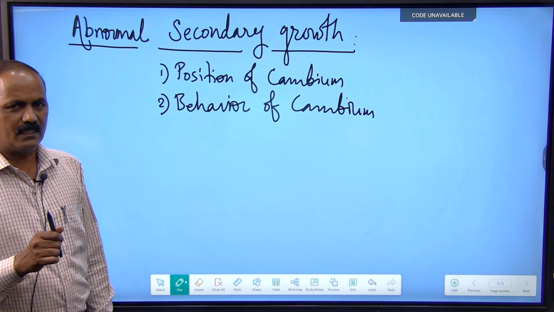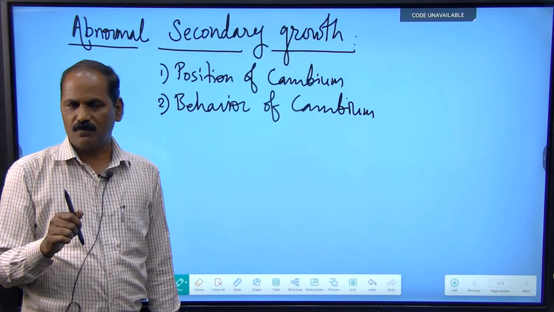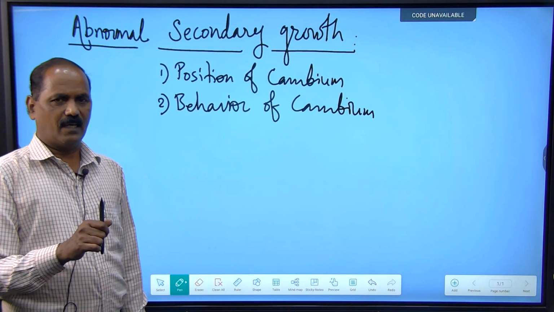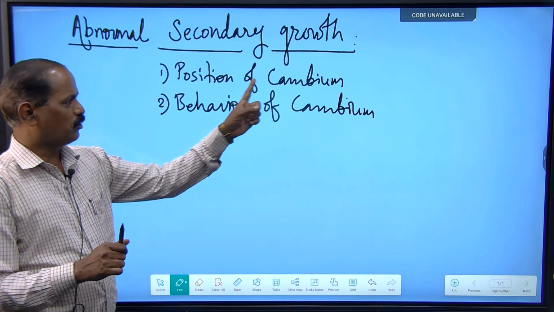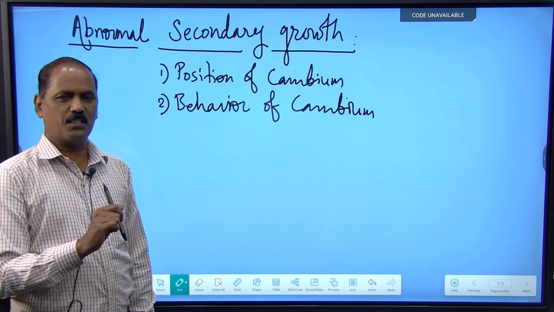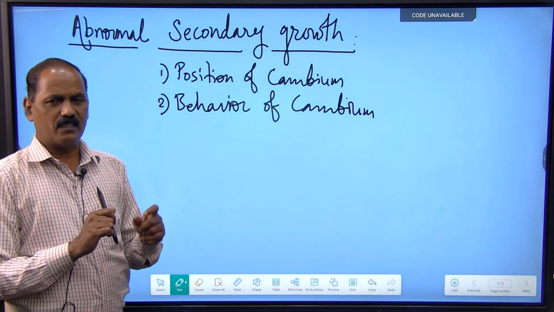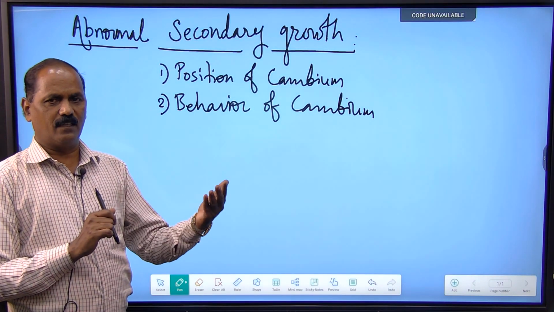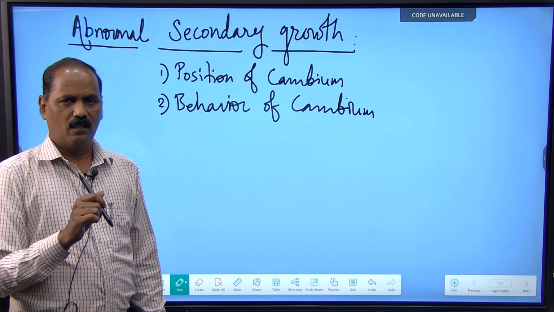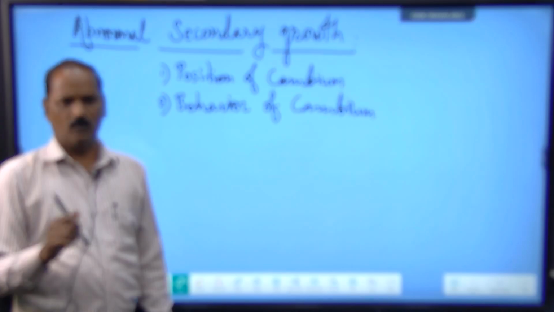Now, my point is how abnormal secondary growth takes place. That again depends upon the position of cambium. If the position is changed, and instead of in between xylem and phloem it is in the cortex or somewhere else, then even if it behaves normally, it is not normal.